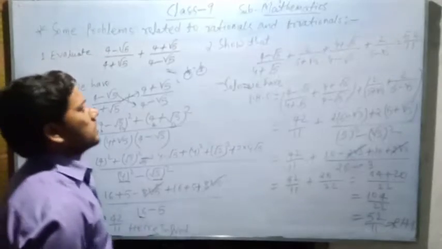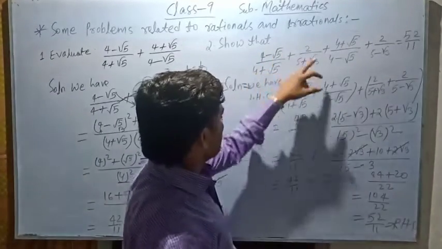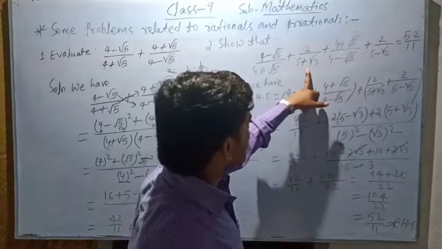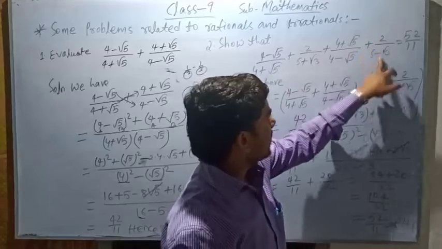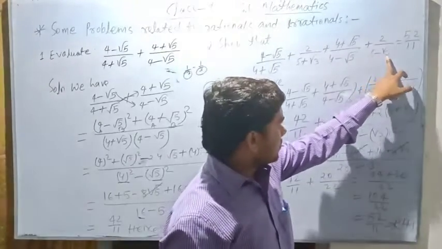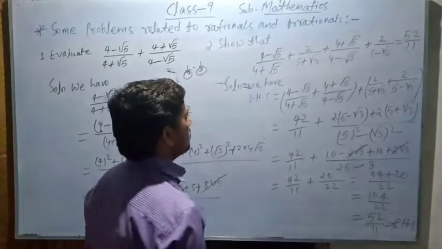Second question: (4 minus root 5) upon (4 plus root 5) plus (4 plus root 5) upon (4 minus root 5), plus 2 upon 5 plus root 3 plus 2 upon 5 minus root 3, is equal to 52 upon 11. You have to prove.